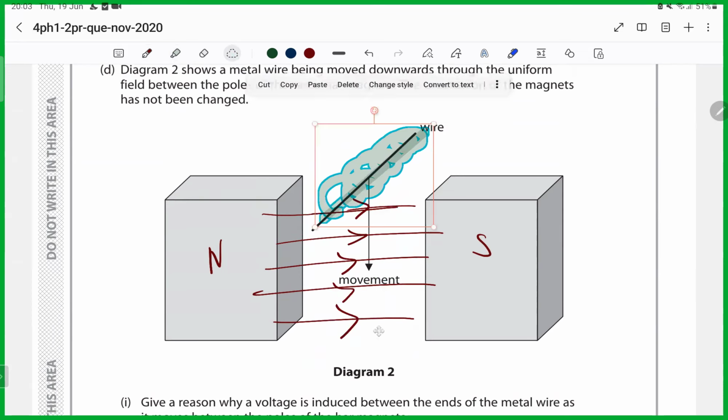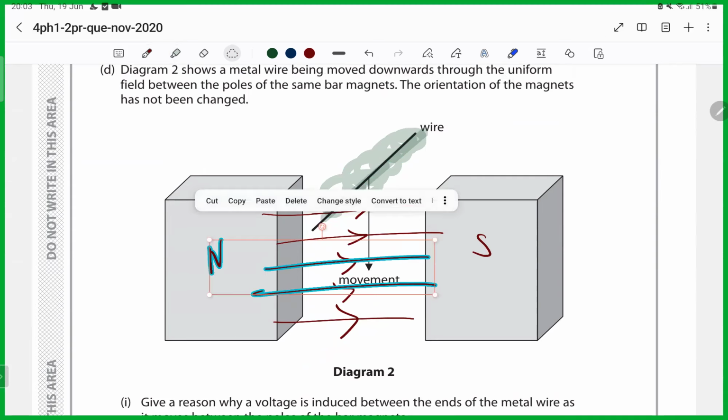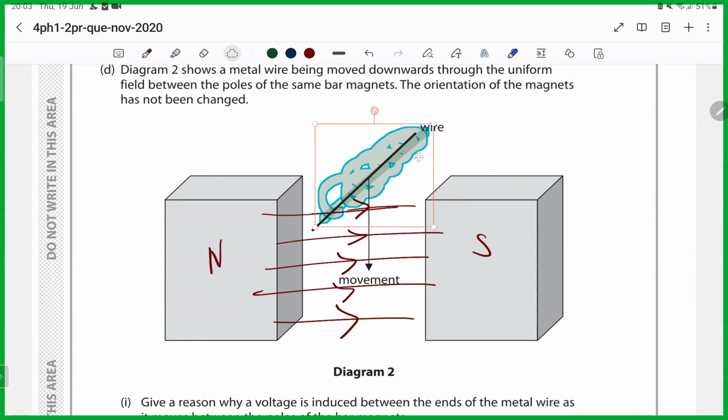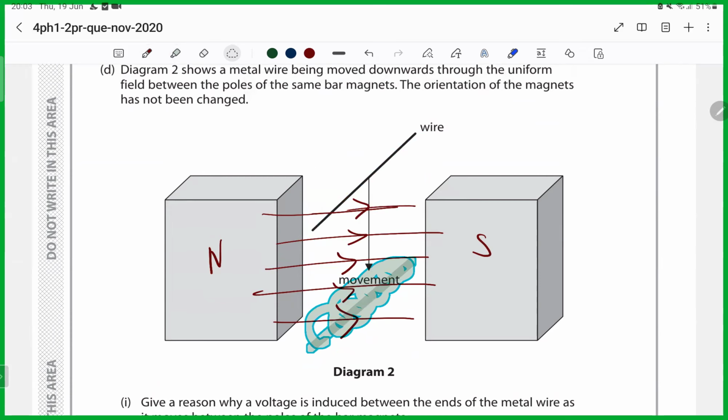Or you can use a much stronger magnet. So we are moving a wire through this magnetic field line, right? As we move a wire through these magnetic field lines, a voltage is induced across the ends of the wire. How can we increase the amount of the voltage induced?